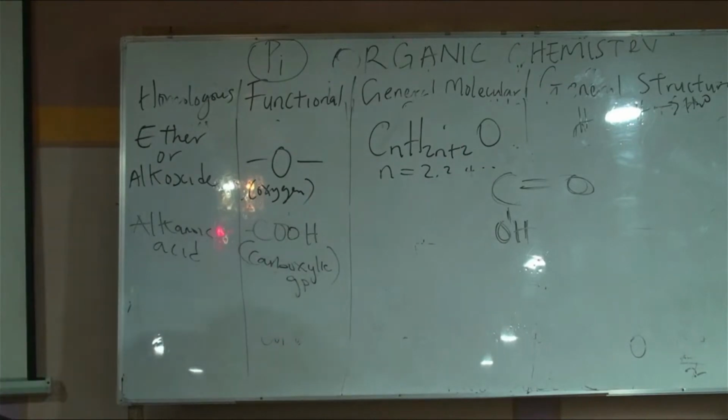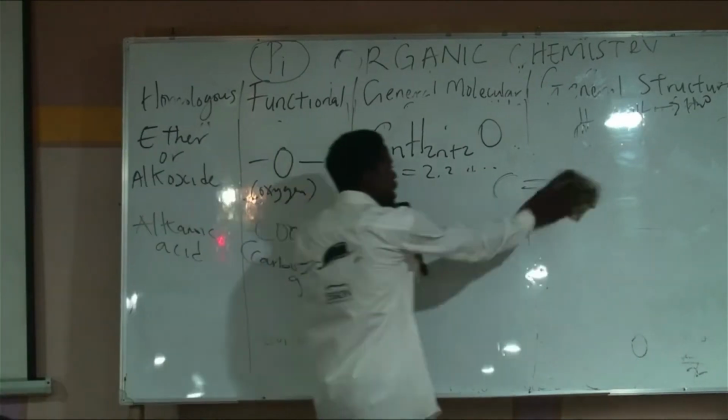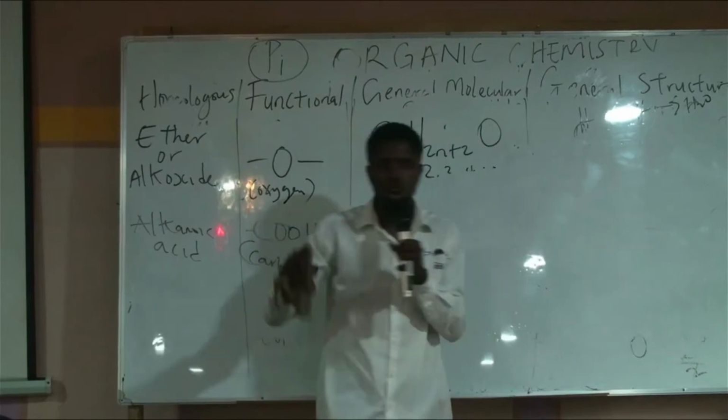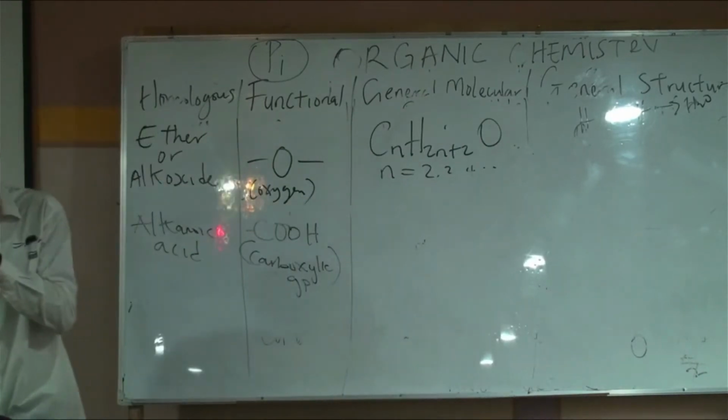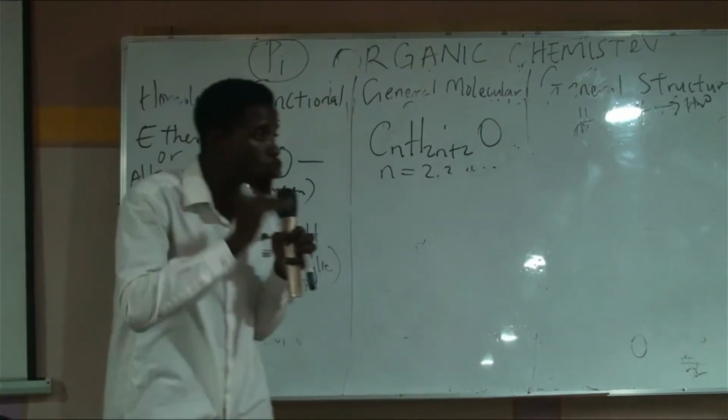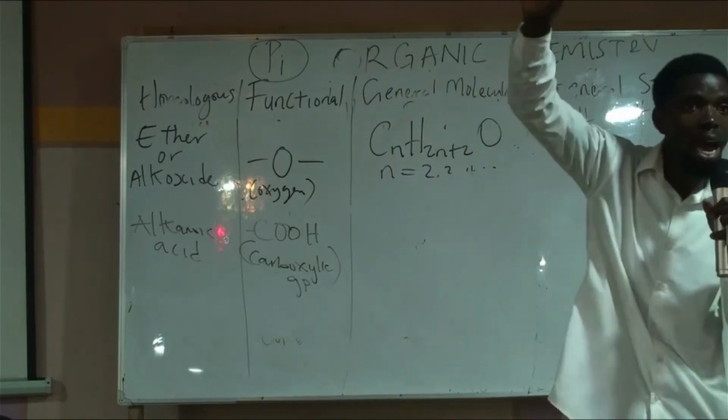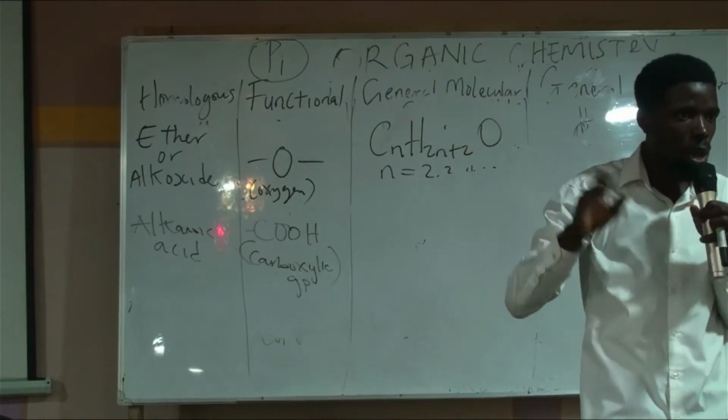Any carboxylic group compound that contains 12 and above carbon atoms is referred to as what? Fatty acids.